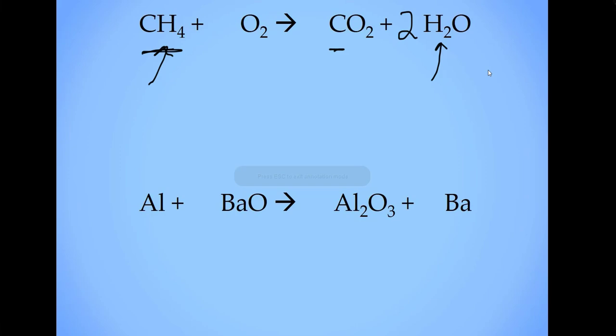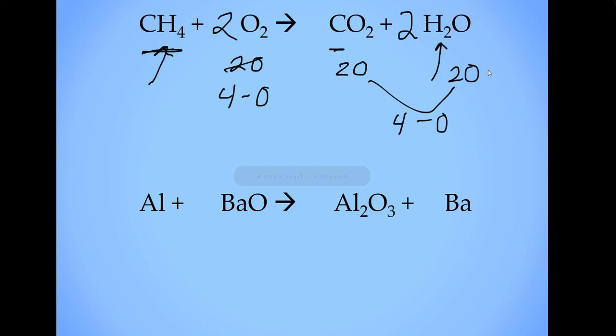Let's count our oxygens. So here I have 2 oxygens. And over here I have 2 oxygens plus 2 times 1, 2 oxygens for a total of 4 oxygens. So I just need to put a 2 in front there to make this now 4 oxygens, 2 times 2. Okay, so this should be balanced. Let's go ahead and double check it.